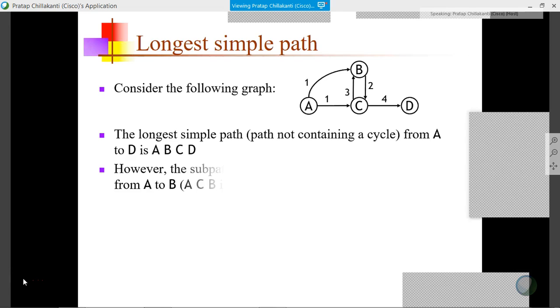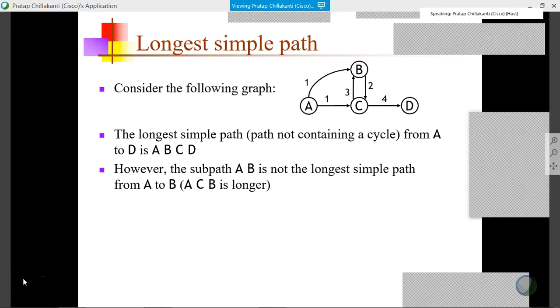Okay. However, the subpath AB is not the longest simple path from A to B. Why is it not the longest simple path from A to B? Because the longest simple path from A to B can be A, C, B, right?